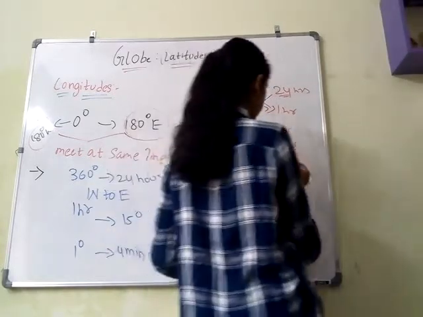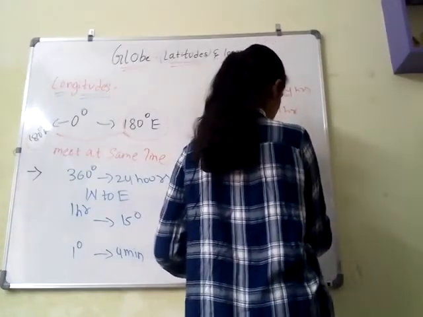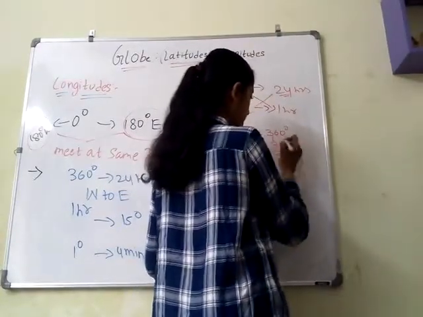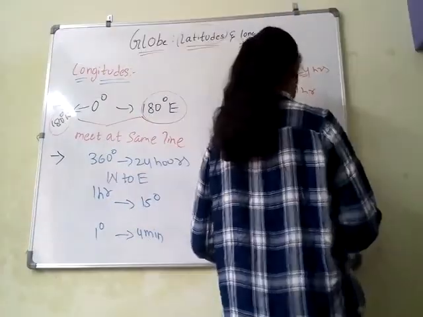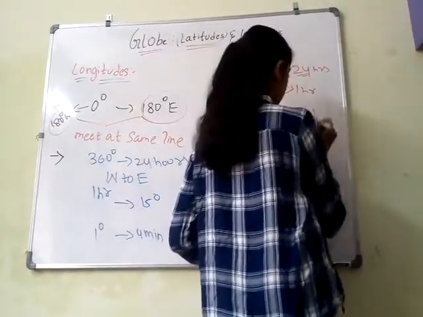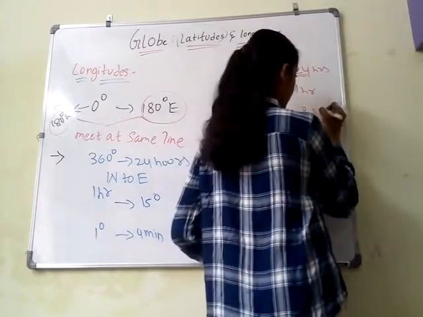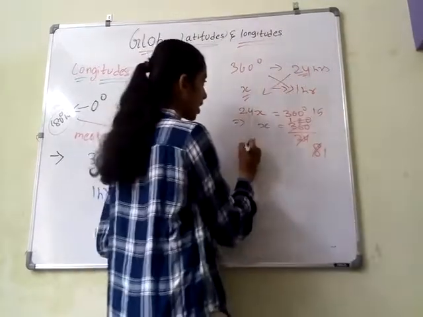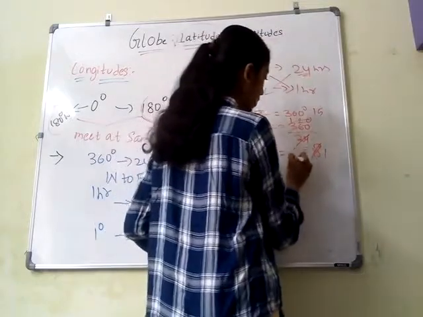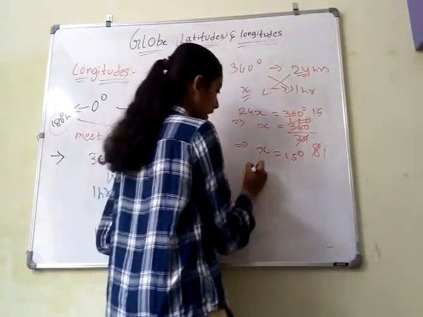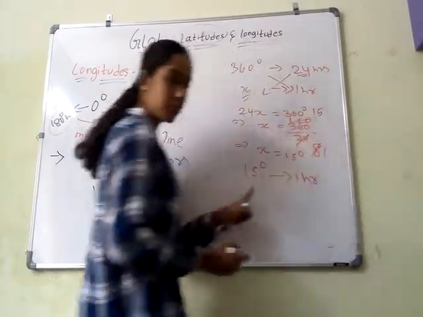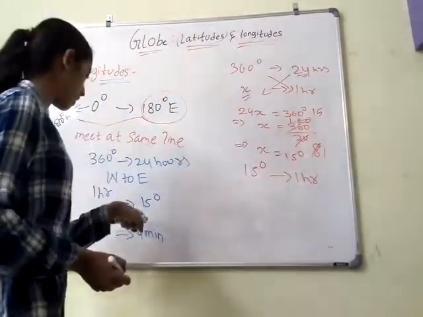So if you calculate, 3 times 24 is 72, 360 minus 360 leaves 0, so 24 times 15. So in this place, x is equal to 15 degrees. So the earth moves 15 degrees in 1 hour. That is why we got 15 degrees for 1 hour.